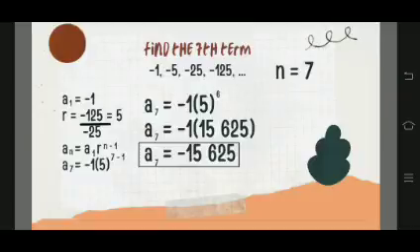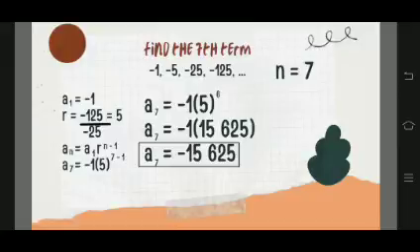Our second problem is finding the seventh term. Our given sequence is negative 1, negative 5, negative 25, and negative 125, and so on. We're going to find the seventh term, so n equals 7. Let's determine a sub 1 and its common ratio.